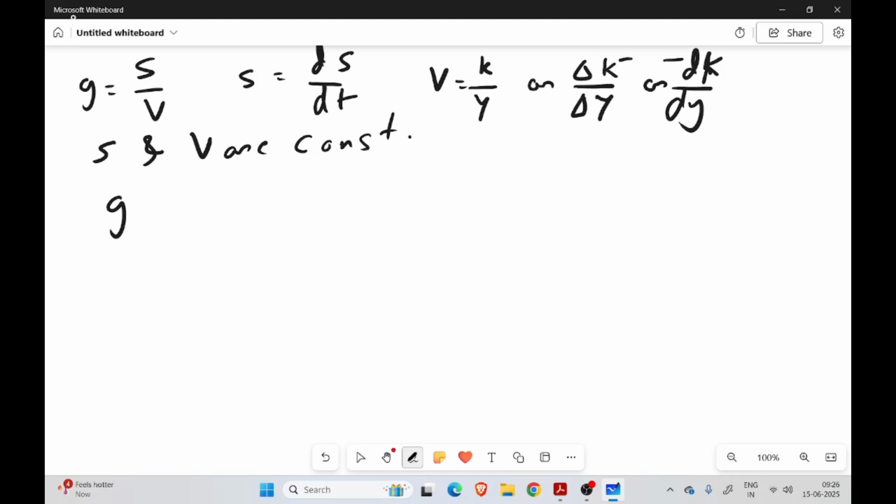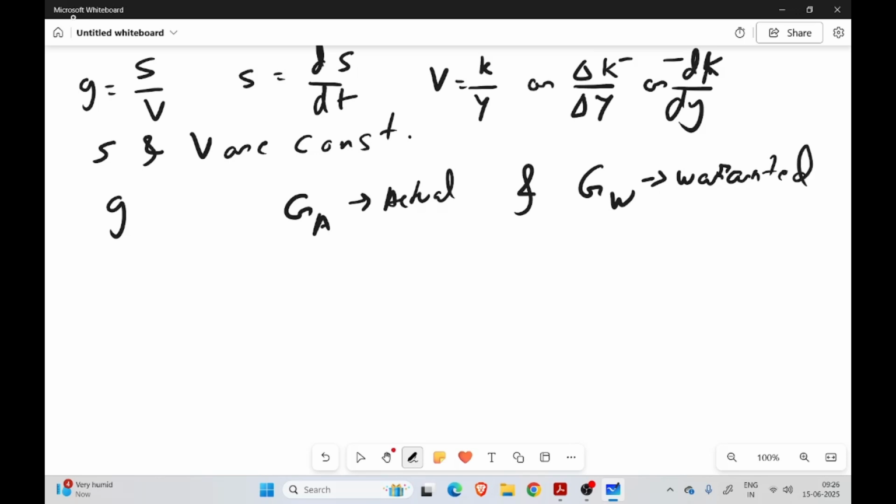Now, in the Harrod-Domar model, we had two types of growth rate, the actual growth rate and the warranted growth rate. The warranted growth rate is the growth rate that entrepreneurs, or capital owners, will be satisfied with, and the actual growth rate is what happens in reality.